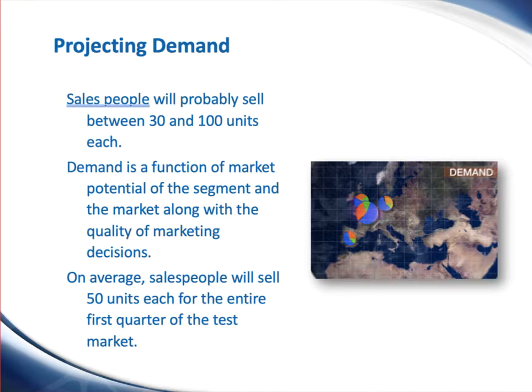There is another complexity here, and that is projecting demand, because you only want to really produce as much as you need for the demand you expect. How do we project demand in the simulation at the beginning? We can probably assume that a salesperson sells between 30 and 100 units each per quarter.